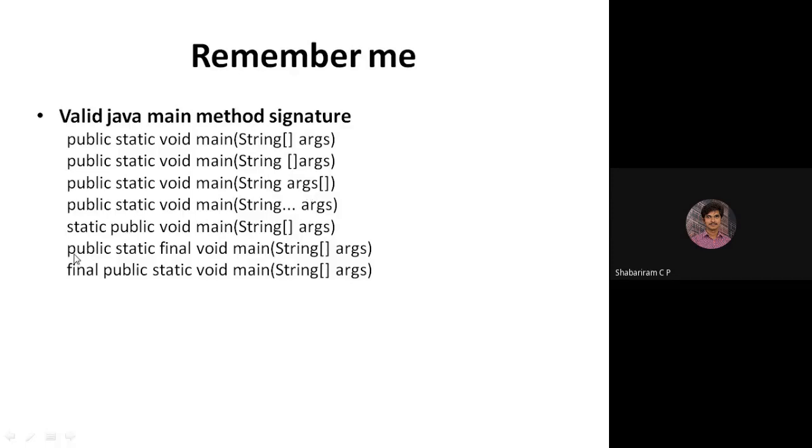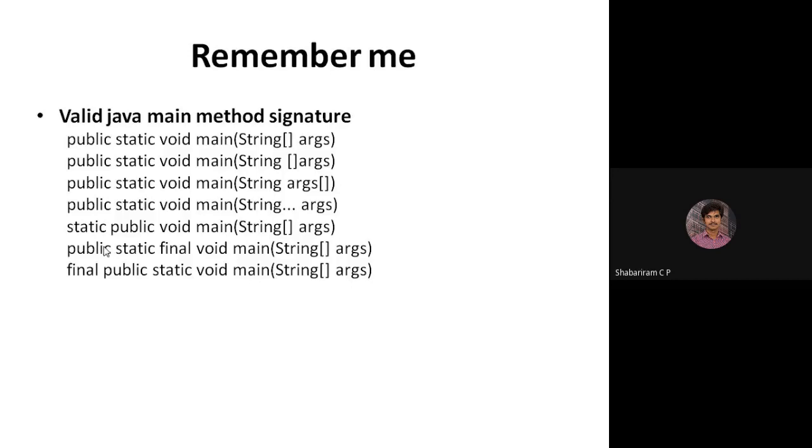Okay, next, we can also include final, right? So final is a keyword. The final keyword is applicable for a variable, method, and class. So if we are using the final keyword for a method, we can call that a final method. So you are allowed to have a main function as a final method.